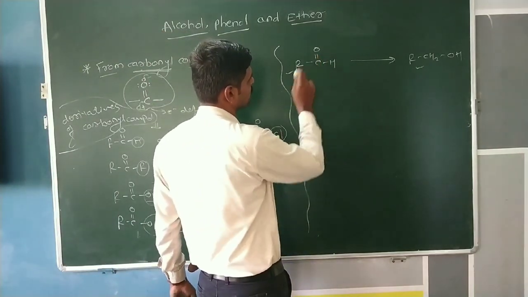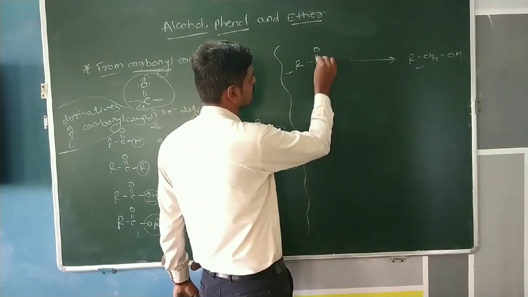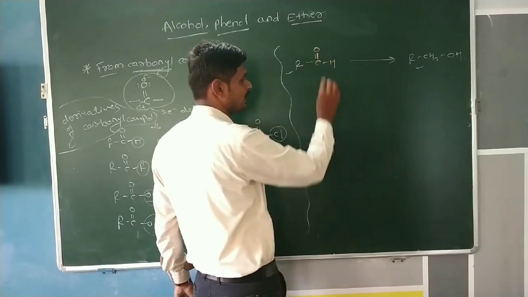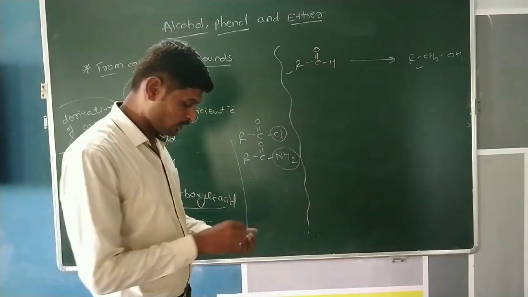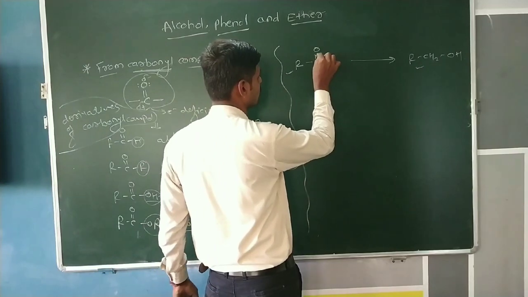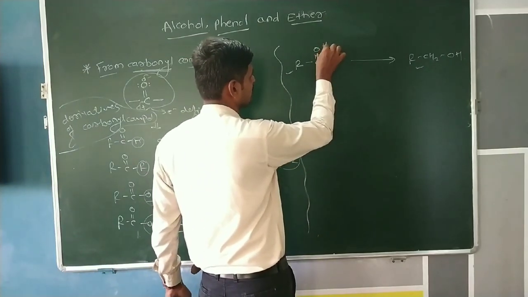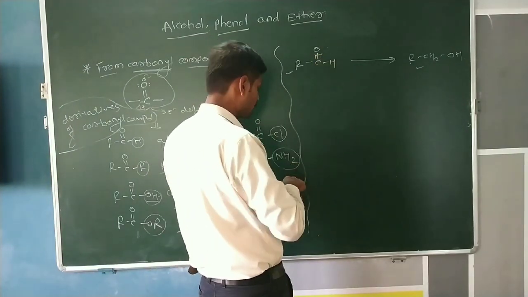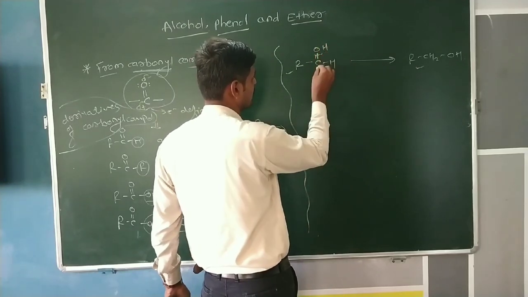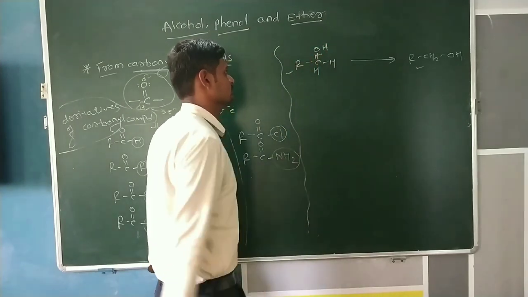But out of this double bond, one bond is a pi bond, and the pi bond is the weakest bond. Therefore, this bond is broken, and one hydrogen is attached here, another hydrogen is attached here.